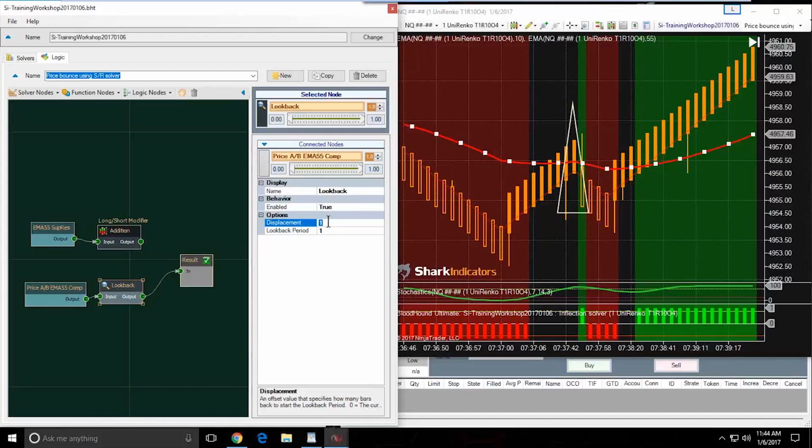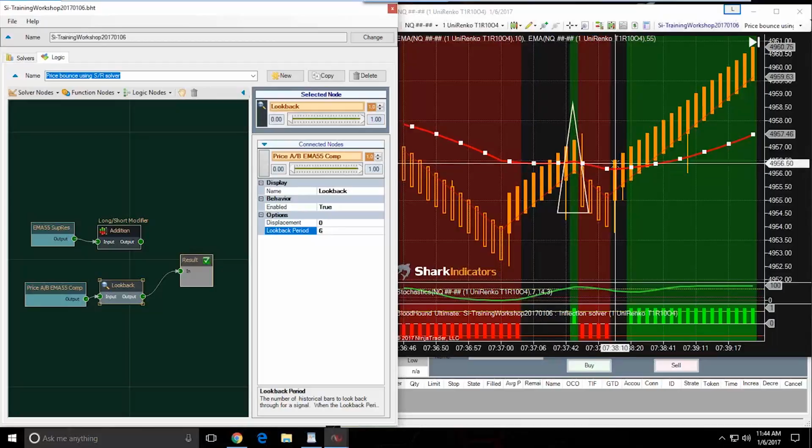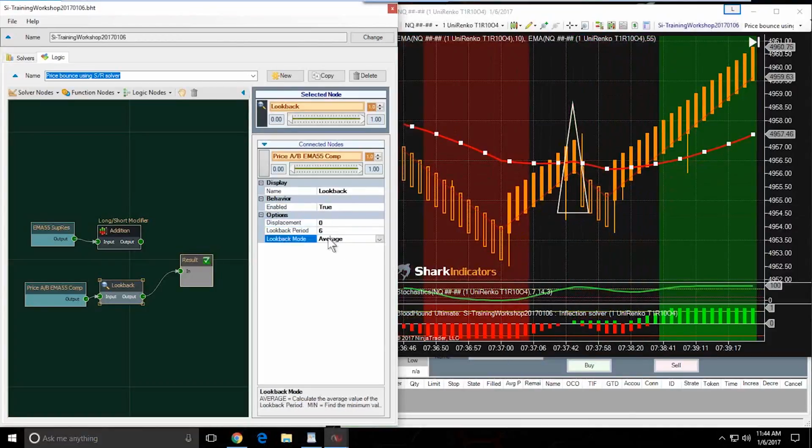I don't think we want to use a displacement now. We might need to set this back to 1, but for now, let's just focus on the look back here. So let's say we want, I don't know, a minimum of 6 bars to be above or below our support line here.